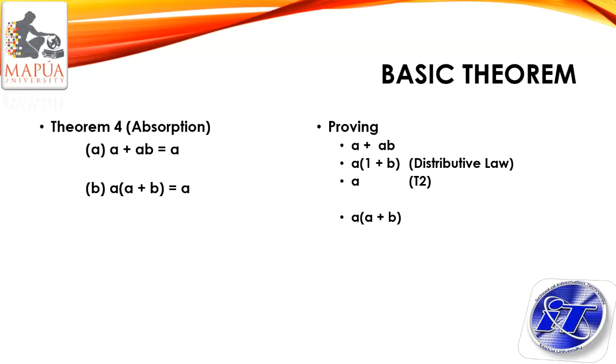And for A ANDed to A plus B, using the distributive law, we have AA plus AB, and we all know that AA is the same as A. So we have A plus AB based on theorem number 1. And if you can see, this equation is the same as form A. So therefore, A ANDed to A plus B is equivalent to A.